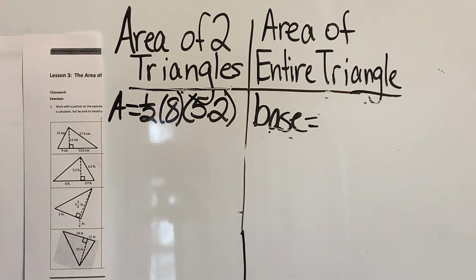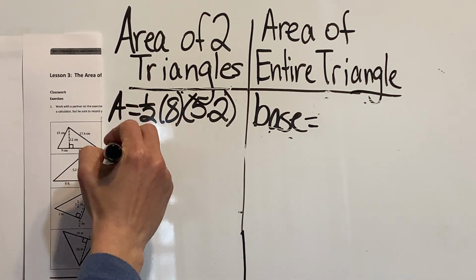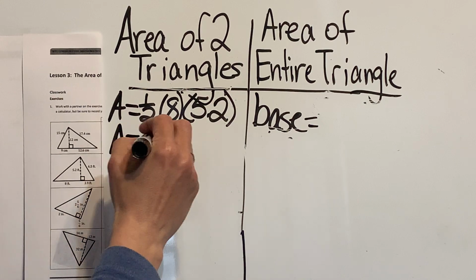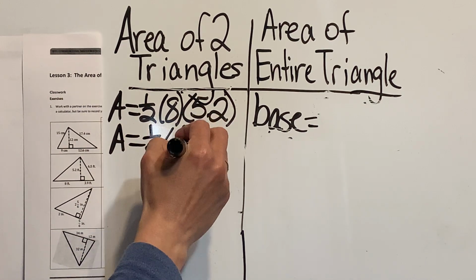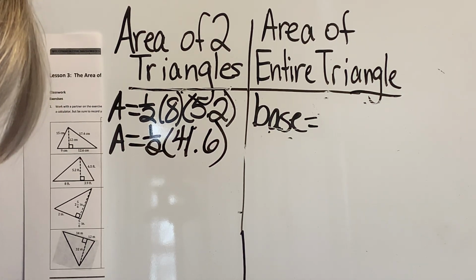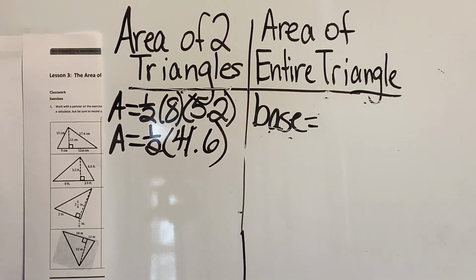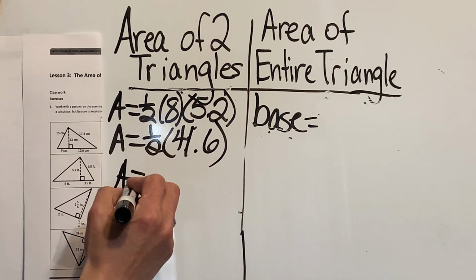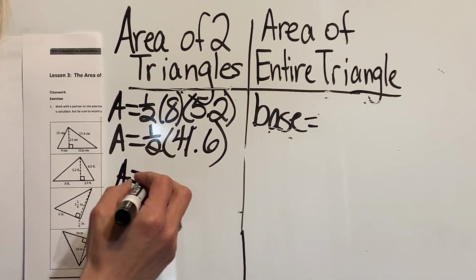Okay, so we've got 8 times 5.2, which would give us 41.6, and the area would be half of that, which would give us 10.